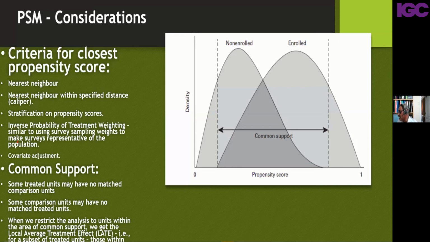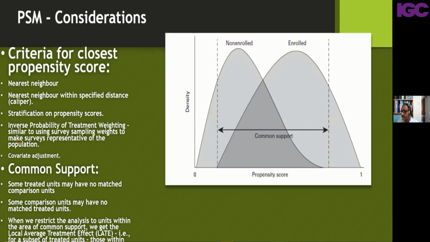If you look at the extreme right of the figure, there are high propensity scores for participants, but there are no such similar figures for the non-participants. So some treated units may have no matched comparison units. Similarly, some comparison units may have very low propensity scores, and there may be no corresponding treatment units with such low propensity scores.